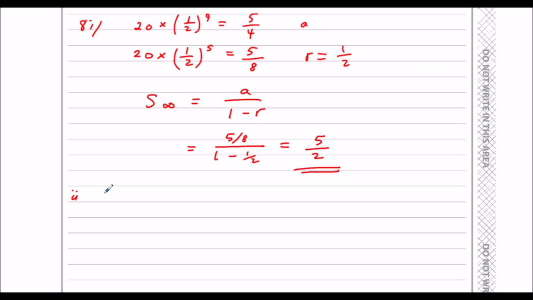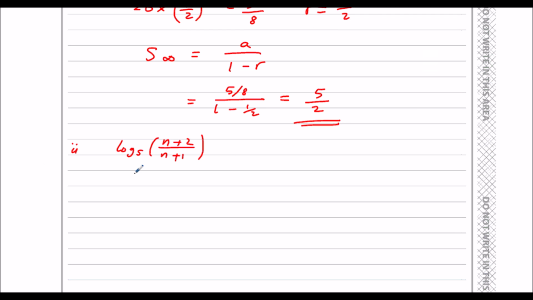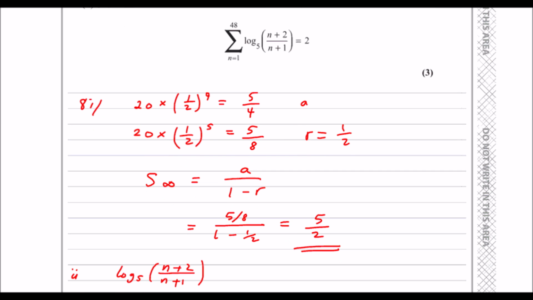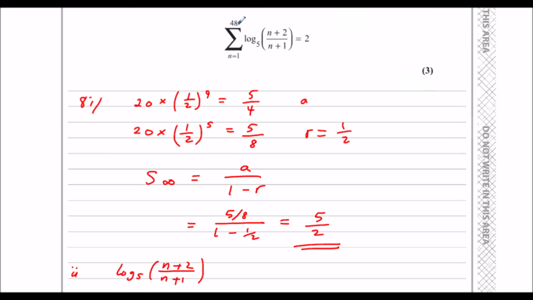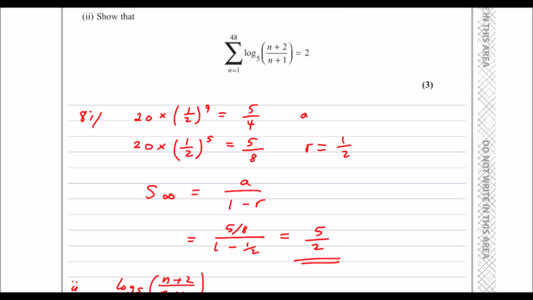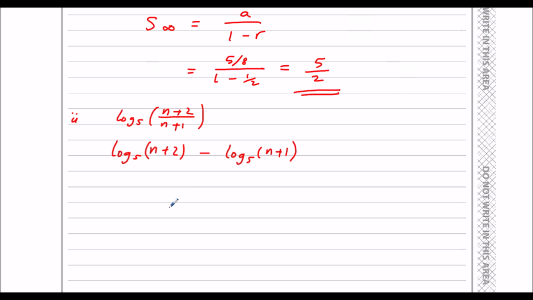If we use the rule of logs, we say log 5 n plus 2 minus, so divide is the same as a minus, log 5 n plus 1. And we want to add up all the terms from when n is 48, so 48, 47, 46, 45, 44, and all the way down to 1. So we've got a lot of numbers to add up here.